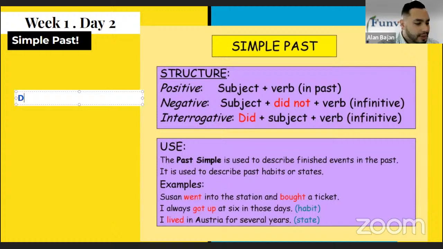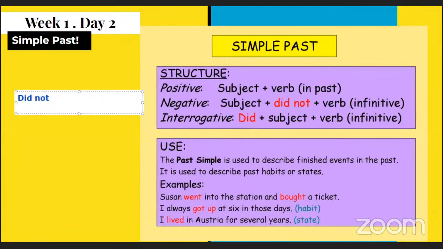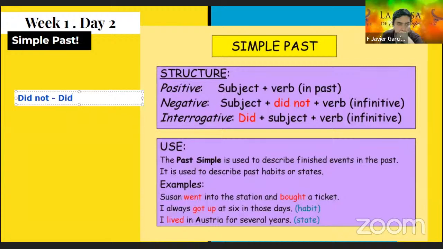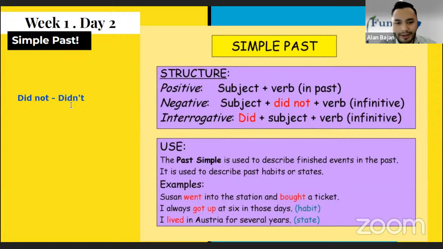In this case, we can use did not or didn't. Okay, both are the same, but one is using the contraction. It will be shorter.